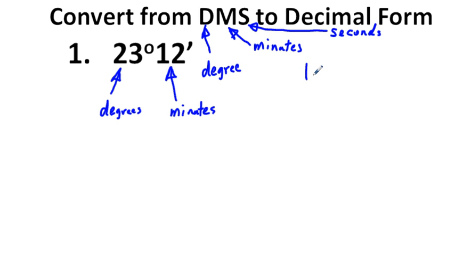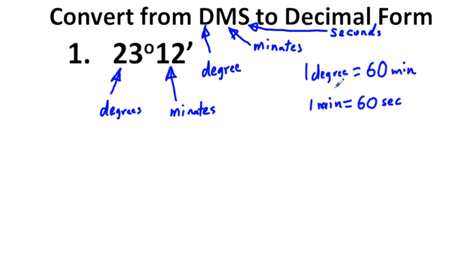1 degree is separated into 60 pieces. That's 60 minutes. I'll just abbreviate minutes there. And 1 minute is separated into 60 seconds.